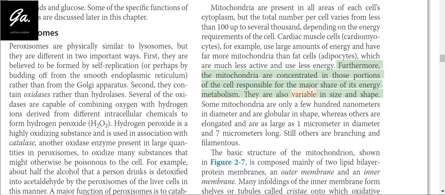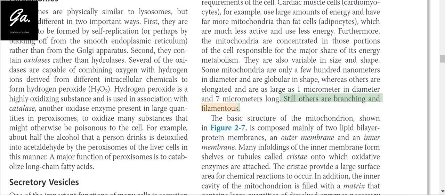They are also variable in size and shape. Some mitochondria are only a few hundred nanometers in diameter and are globular in shape, whereas others are elongated and are as large as 1 micrometer in diameter and 7 micrometers long. Still others are branching and filamentous.